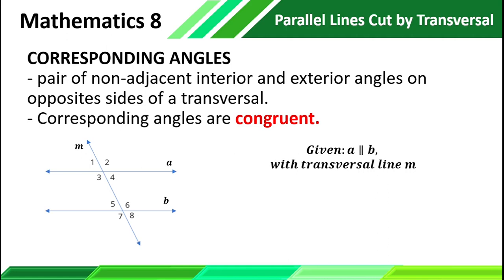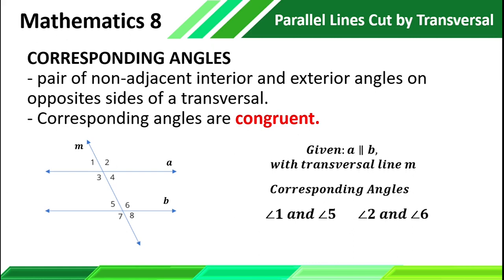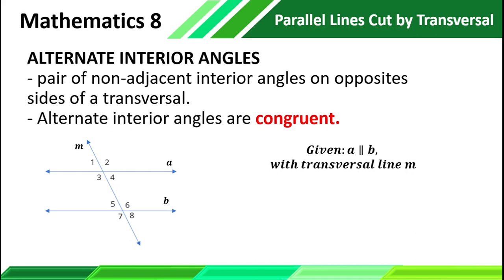So, in this given figure, line A is parallel to line B with transversal line M, and our corresponding angles are the following. We have angle 1 and angle 5, angle 2 and angle 6, angle 3 and angle 7, and lastly, angle 4 and angle 8. Next pair is alternate interior angles.